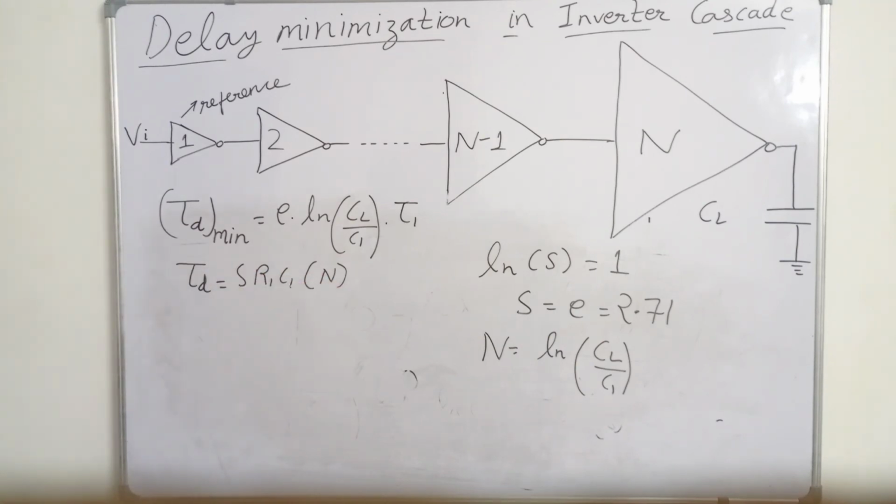So what we did was we minimized the delay by equalizing the delay through all the stages. I hope this derivation was clear to you, and you now know how to minimize the delay in the inverter cascade.